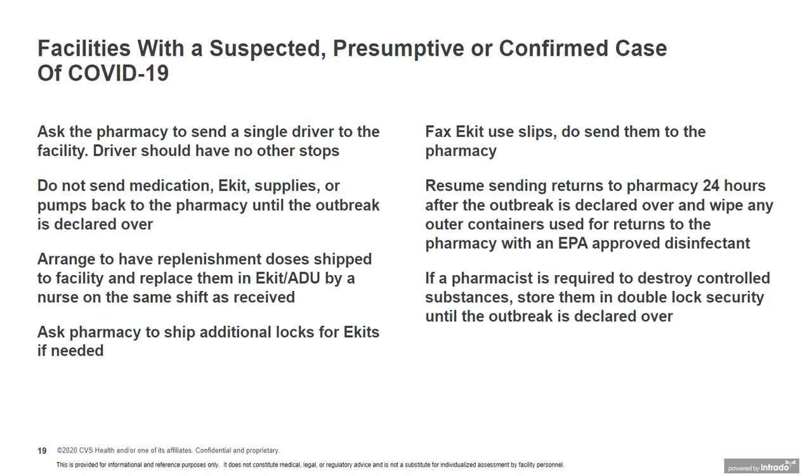Arrange to have replenishment doses shipped to the facility for your emergency kit or your automated dispensing unit so that the nurses can put them in without having your residents exposed to pharmacy staff who may be younger, who may be asymptomatic, but may still shed the virus in your building.